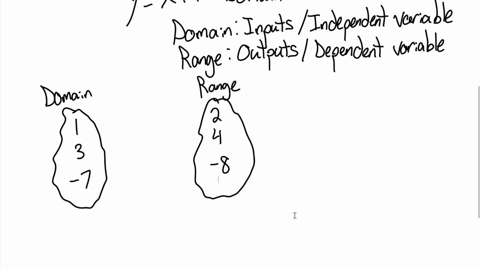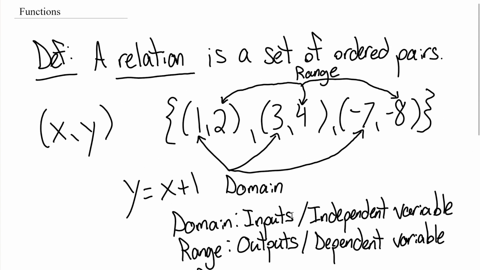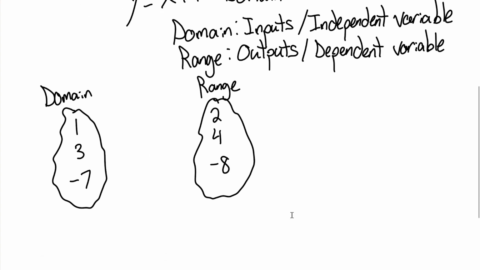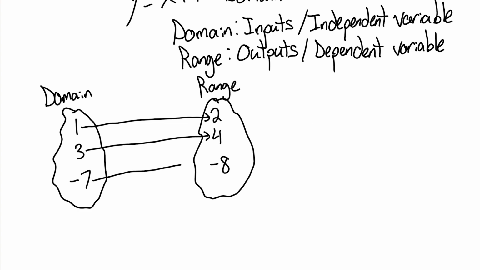I believe it was (1, 2), (3, 4), and (-7, -8). So the domain, the inputs, the x values, these were 1, 3, and -7, and then the range is 2, 4, and -8. So what the relation is saying is that 1 is mapped to 2, 3 is mapped to 4, and -7 is mapped to -8.